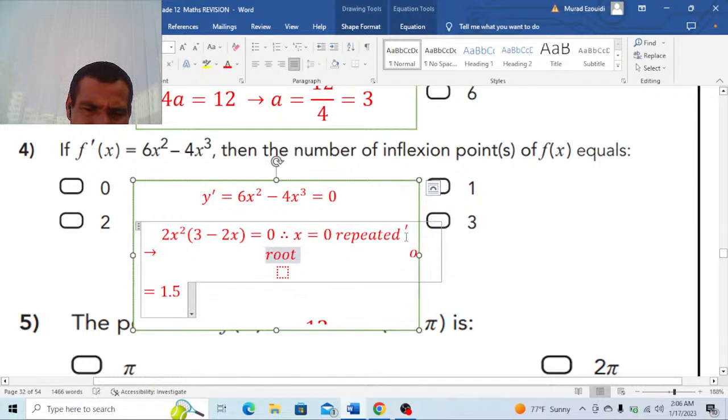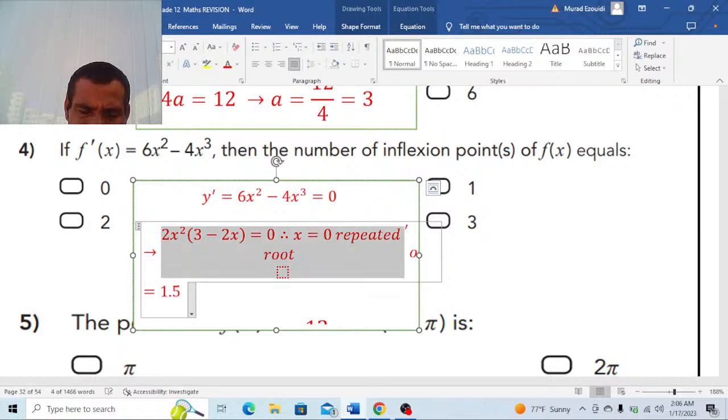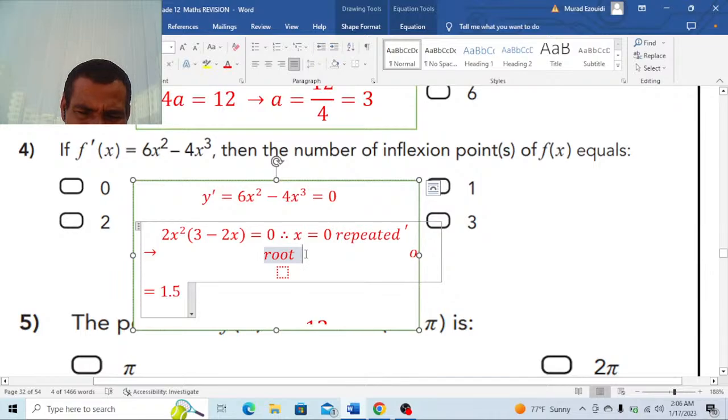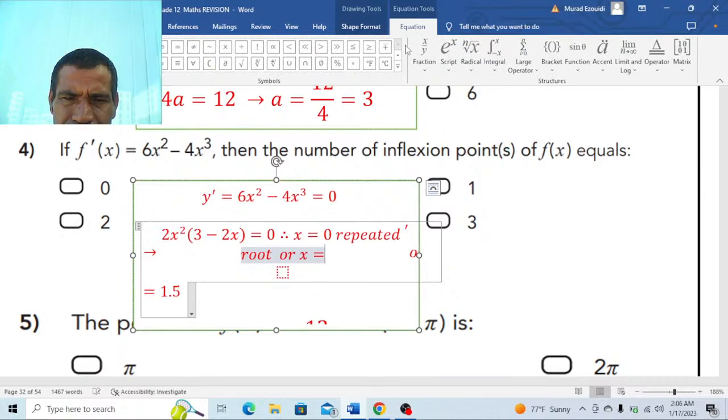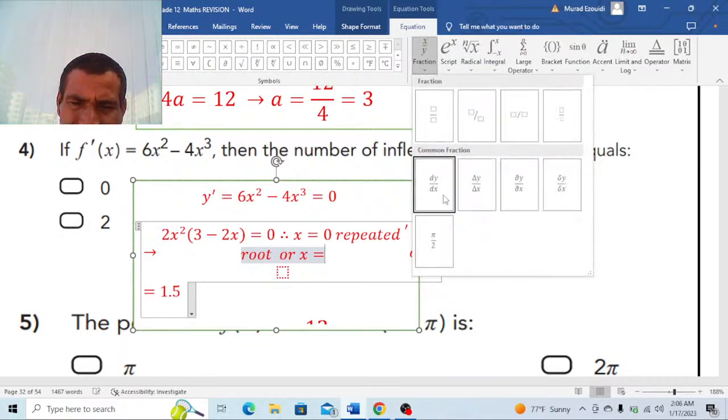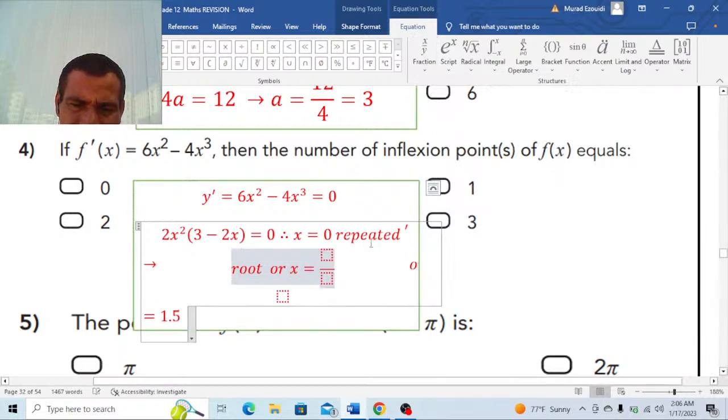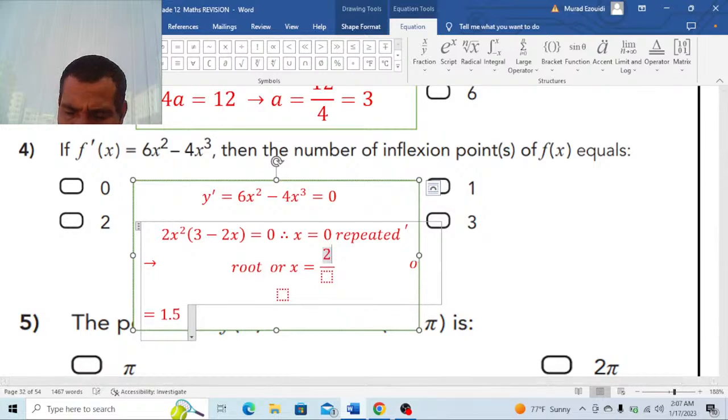And x is equal to 2 divided by 3, because we have 3 equal to 2x, so x is 2 over 3.